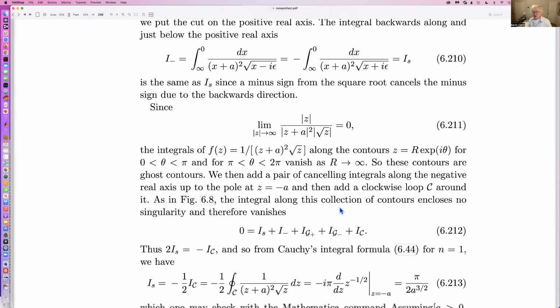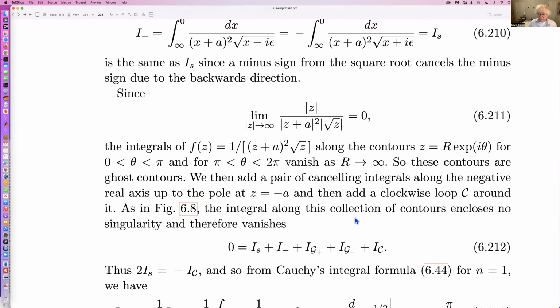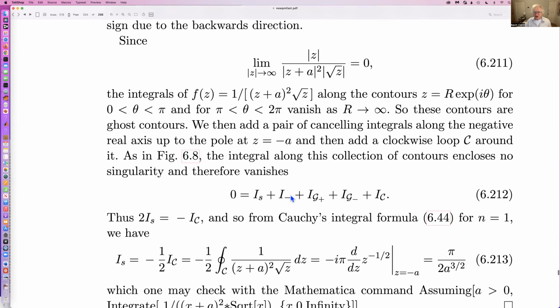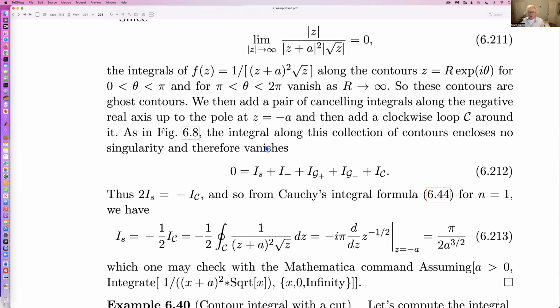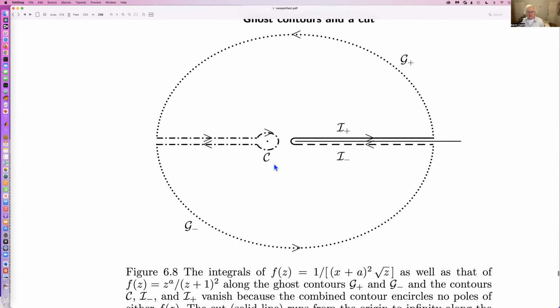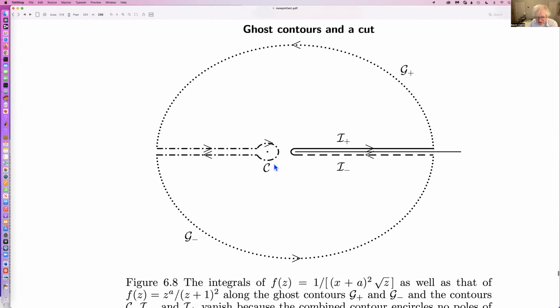Those contours are ghost contours, and we then are going to add a pair of canceling integrals along the negative real axis up to the pole at z equals minus a, and then add a counterclockwise loop c around it. Well, this is all quite confusing. So let me show you these contours.